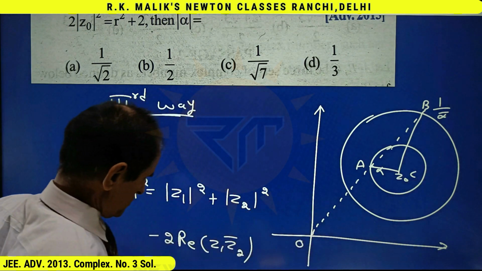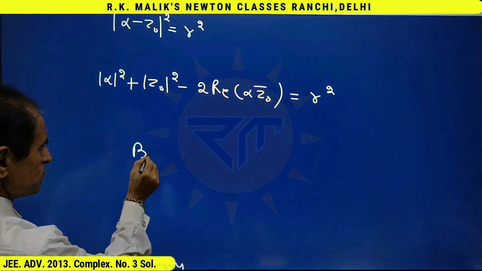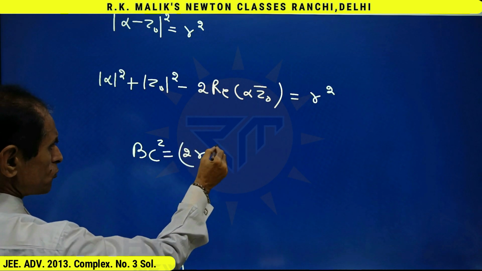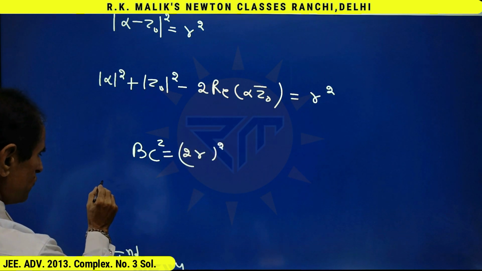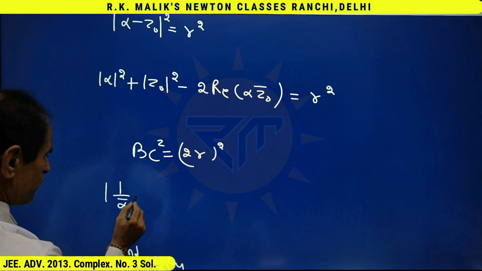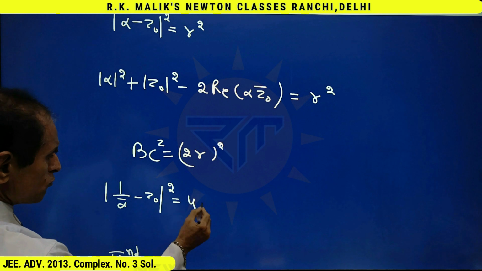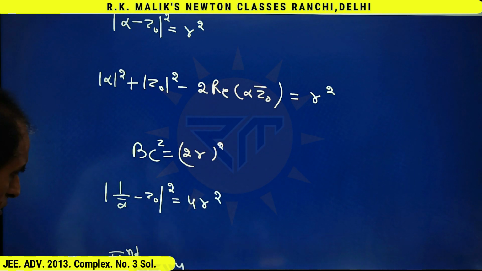And similarly for BC, BC square is equal to 2r whole square, and BC is 1 upon alpha bar minus z0 whole square equal to 4r square.